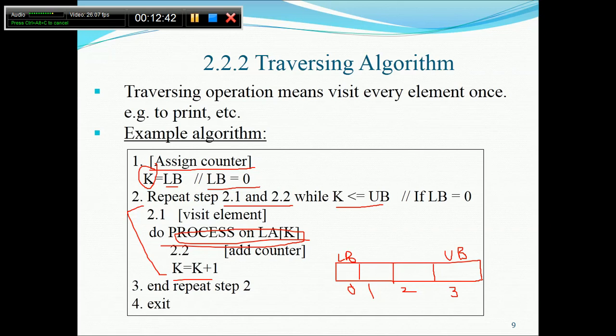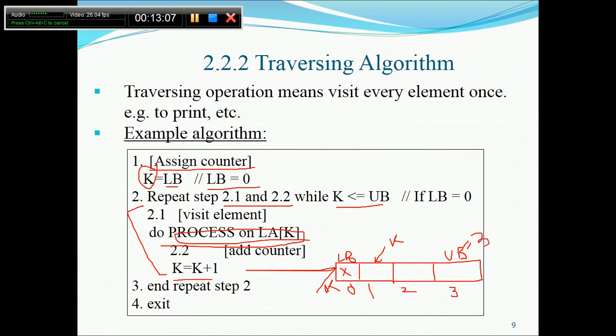So what is the idea behind this? We will start with k equal to 0. So first k will point here. After that it will process this data, and then k is equal to k plus 1. So k will go here. Again it is still less than the upper bound, because the upper bound is equal to 3.